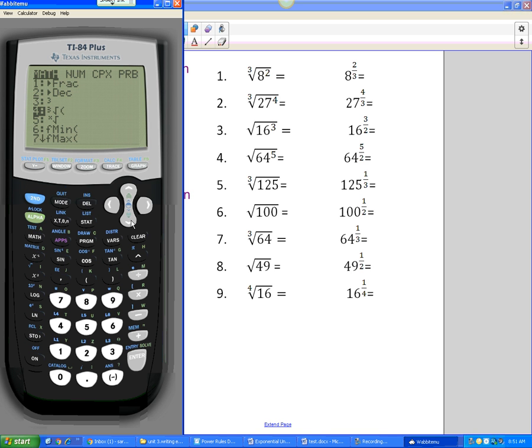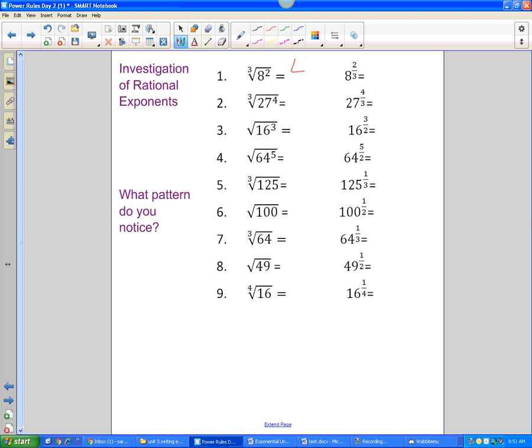See how it has the cube root? We're doing the cube root in the calculator, pressing enter, and then I'm going to type in 8 to the second. So 8, use my caret key, to the second, and I'll press enter. What's the calculator giving you? 4. Okay. So write that on your paper for that first one. You get 4.